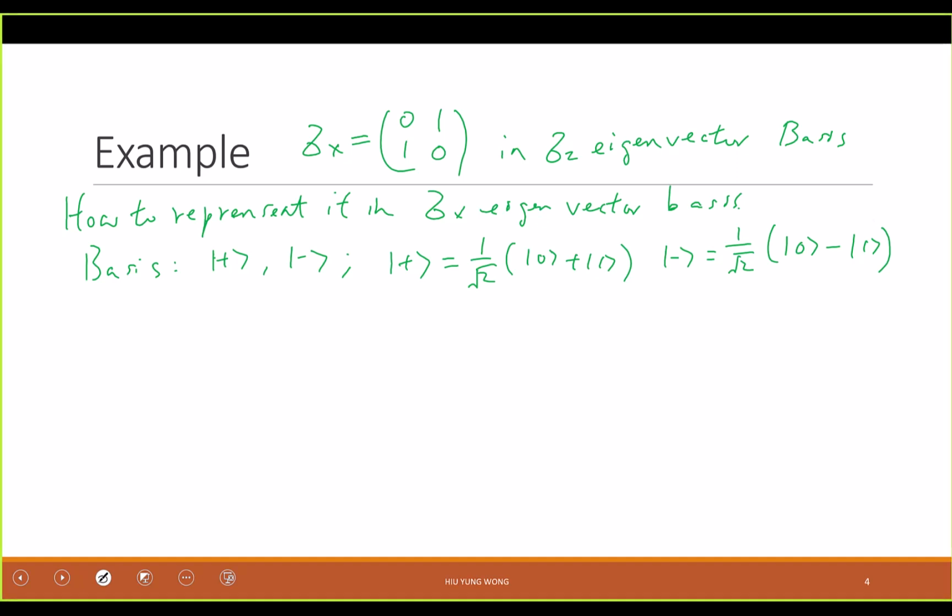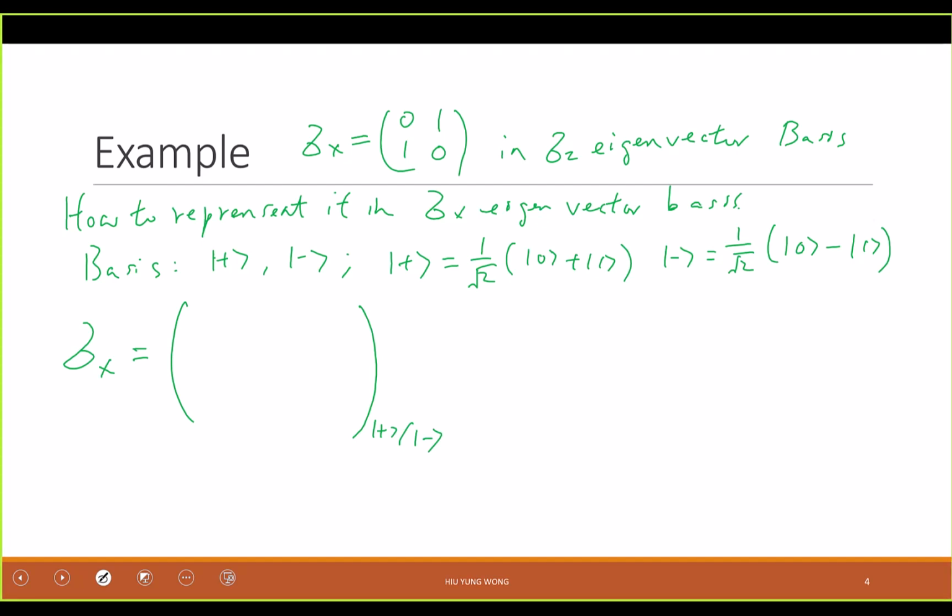So now I want to ask, what is the sigma x in the plus minus basis?